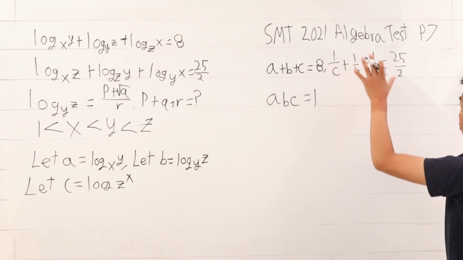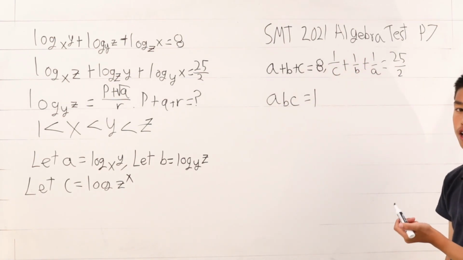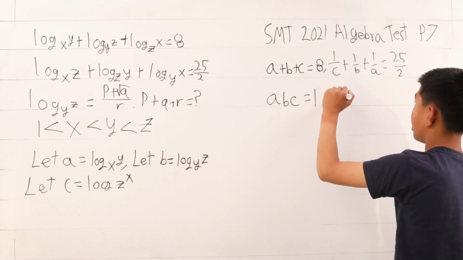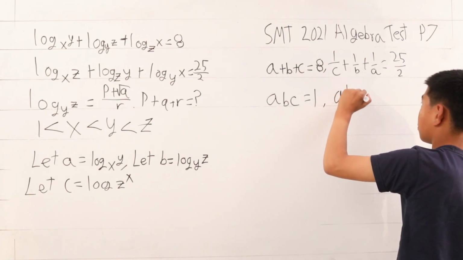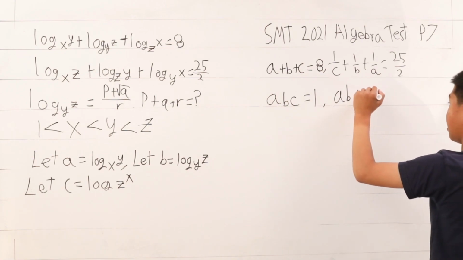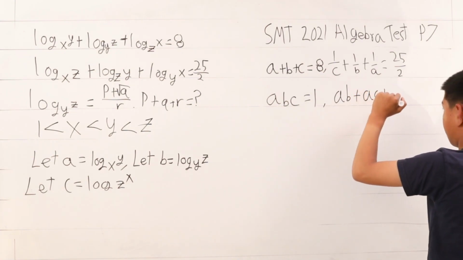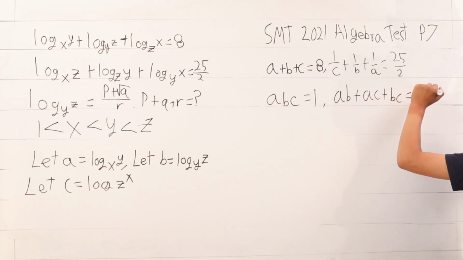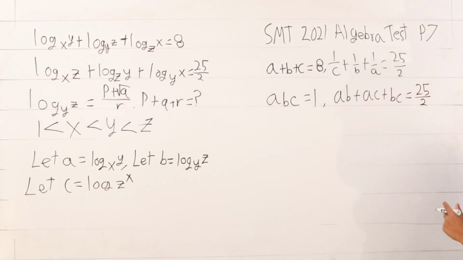Once you make the bottom abc, you're just dividing by 1, so you're just left with the numerator, which is ab plus ac plus bc is 25 over 2.